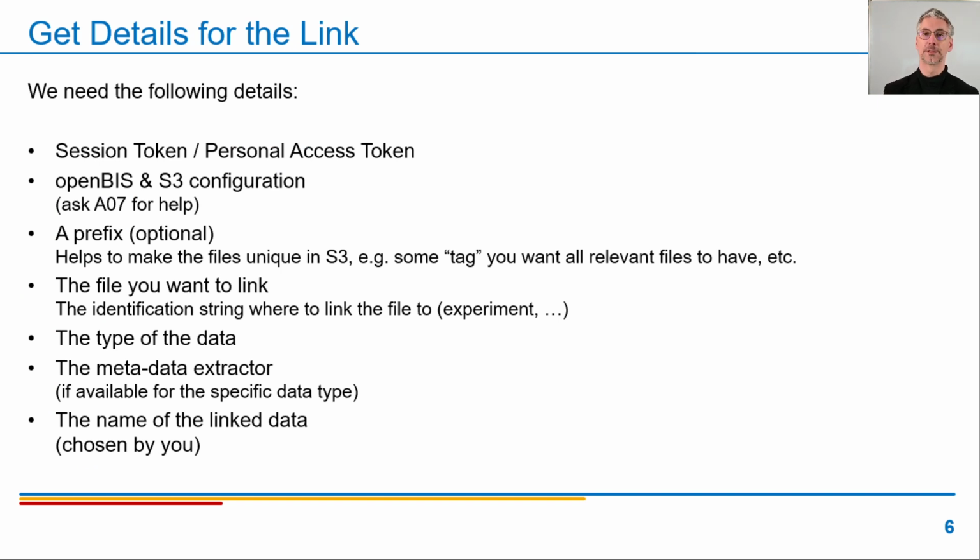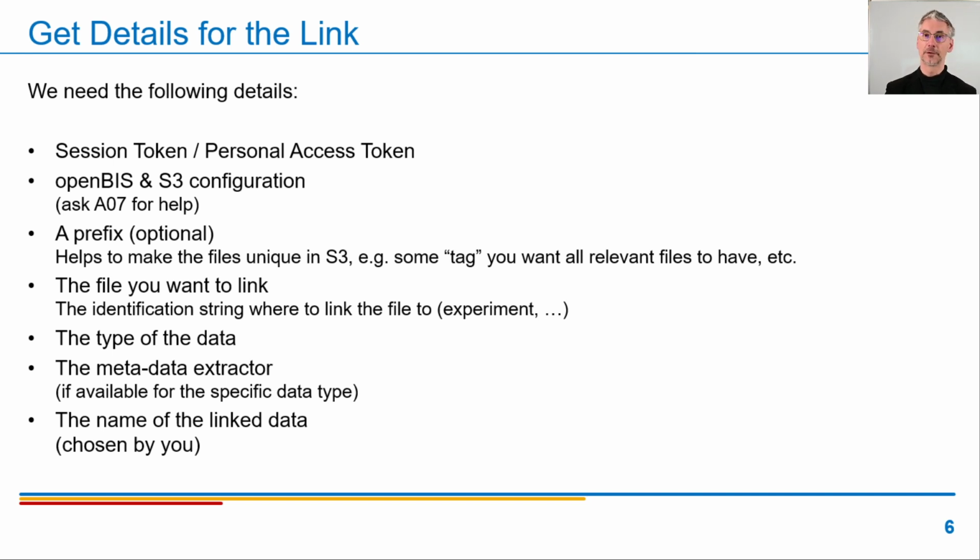As before, when we use the Python script, we need a number of details that we need to specify. Of course, we need the session token. We also need a personal access token to authorize ourselves against OpenBIS. We need the OpenBIS and S3 configuration, such as project and bucket. You need to think of a prefix, which is optional, that you want to prepend to all your files. That helps make all your files unique in the S3 storage space.